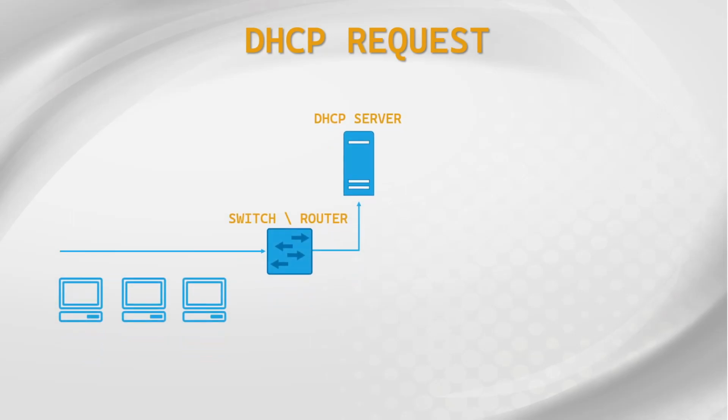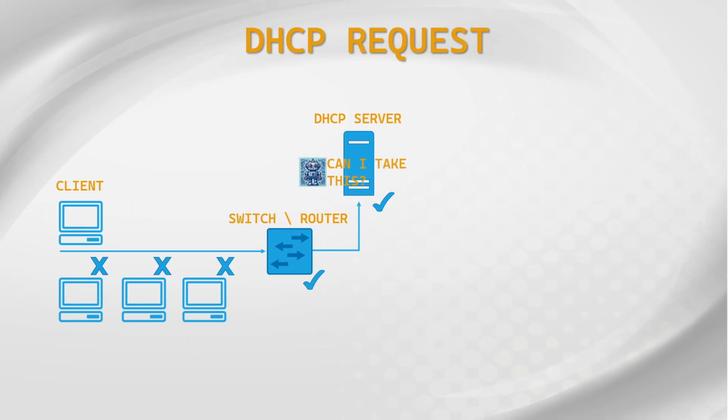The next phase is called DHCP Request. During this stage, the client decides which IP address to occupy if it happens to receive multiple offers from different DHCP servers. Prior to acquiring an IP address, the client broadcasts an ARP request to ascertain the presence of another host in the network using the suggested IP. If no response is received, the address is marked available for utilization.